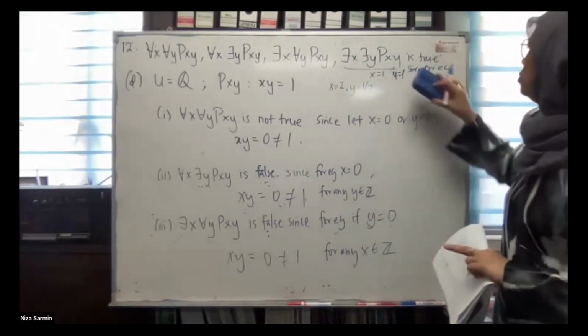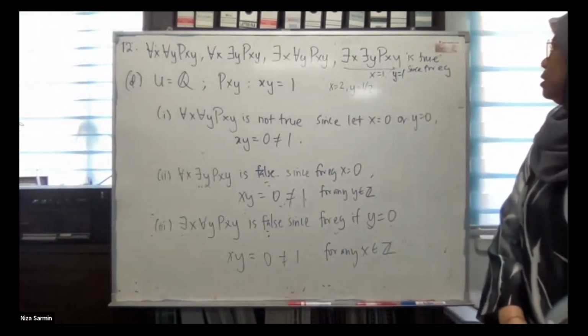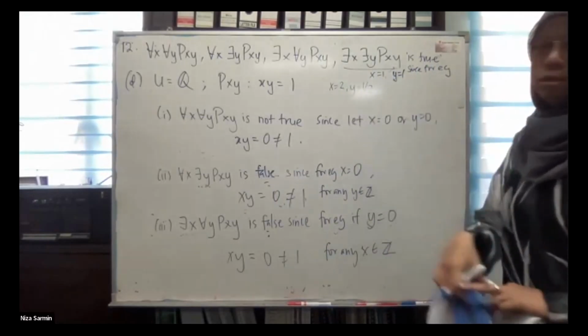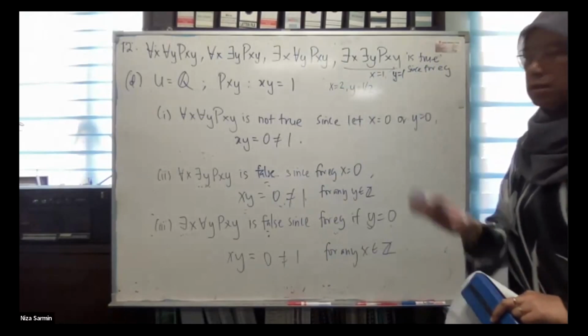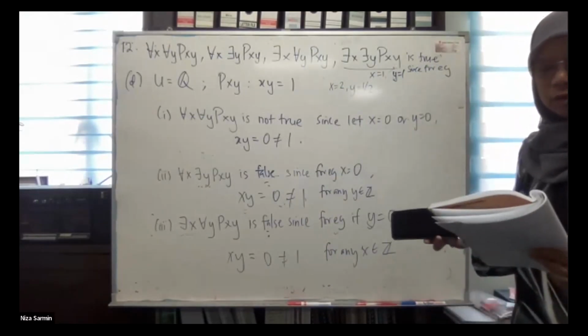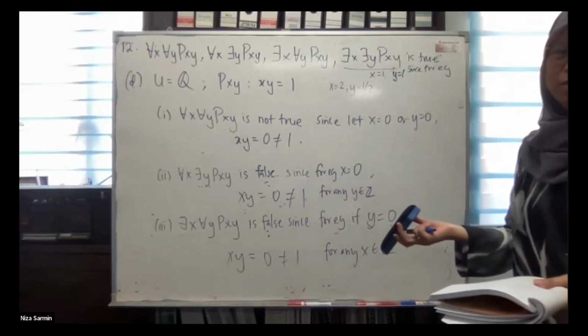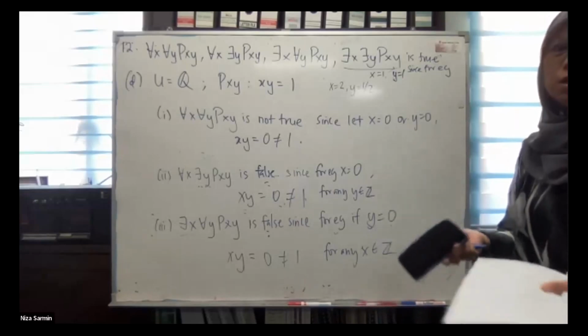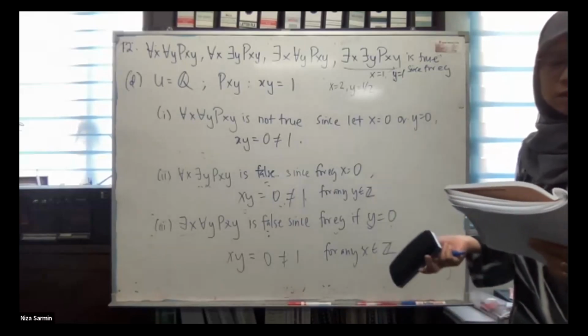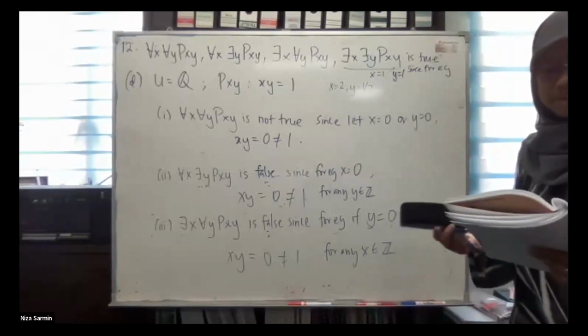This one is true, this is okay, 1 and 1. Okay, or you can put this example or many examples, except for 0, 0. Okay, the last one is the same as this, because Q is in R, so exactly the same answer for part E. Okay.